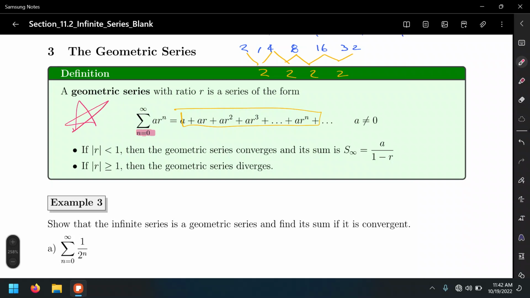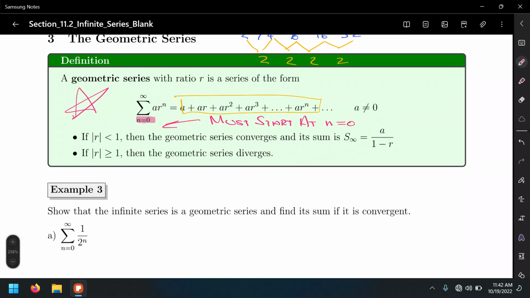So write it as a special note: must start at n equals 0. Otherwise, if the series is not starting at n equals 0, we need to do something called shifting of indices, which is something we will cover next time. Alright? So if it's at the index n equals 0, we will be able to use this formula to get the value of the infinite sum.